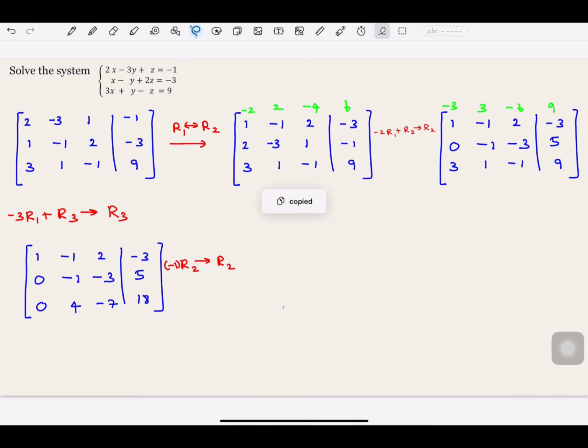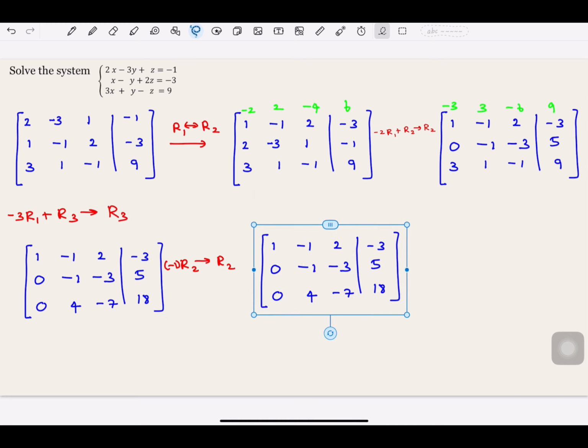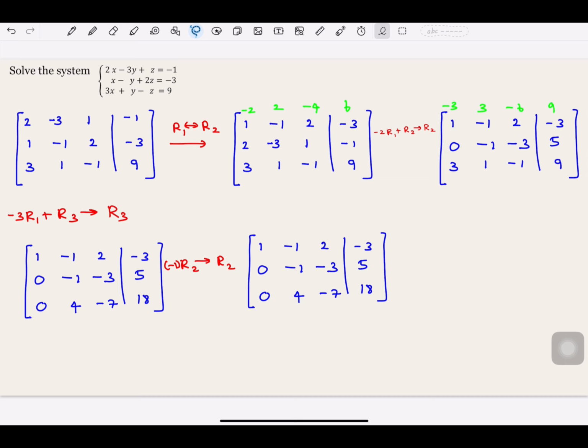I'm going to paste it over here. But now I need to multiply each entry by negative 1. So if you multiply negative 1 with negative 1, you'll get a positive value. So these are positive, but the last one is going to be a negative. Okay, great.